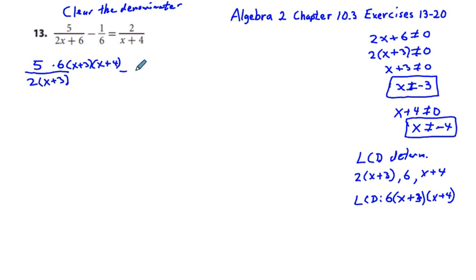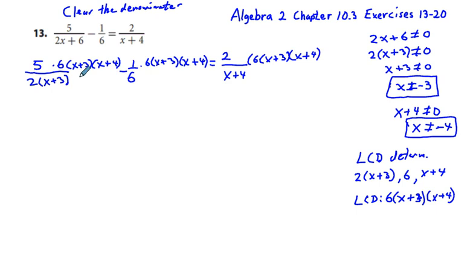And then we have minus 1/6, and we're going to have times 6 times quantity x plus 3 times quantity x plus 4. And that's going to be equal to, we have 2 over x plus 4, and we multiply that by 6 times quantity x plus 3 times quantity x plus 4.